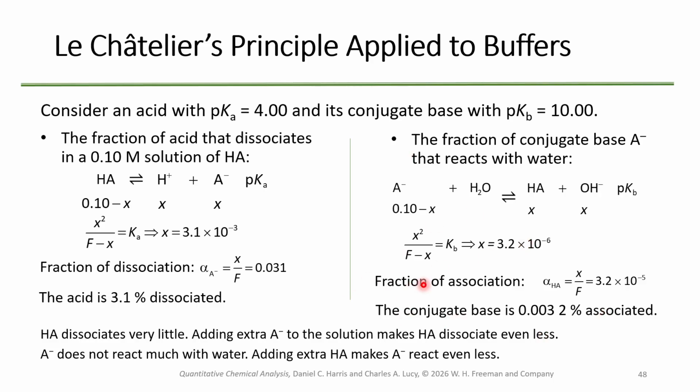Now, notice that because this pKb here is 10, this actually only does a very small amount of association. So we only get 0.0032%. If we add an acid and its conjugate base together, remember that common ion effect you used to do in general chemistry too?